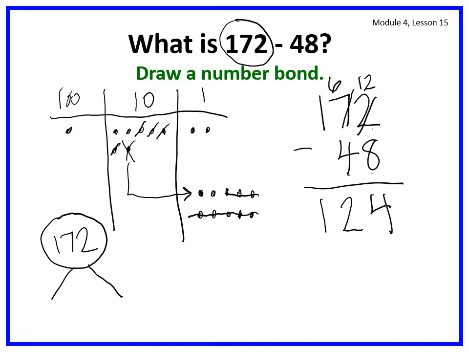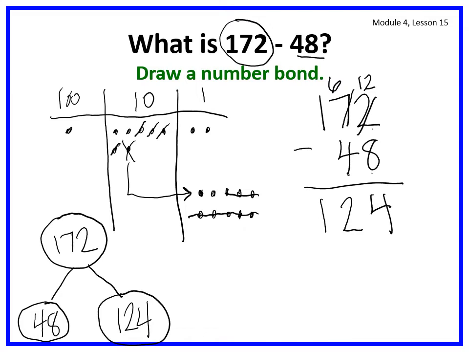The part I knew at the beginning was 48, and the part I had to solve for is 124. So there you can see I've taken that equation 172 minus 48 and solved for the missing part and then wrote that into a number bond.